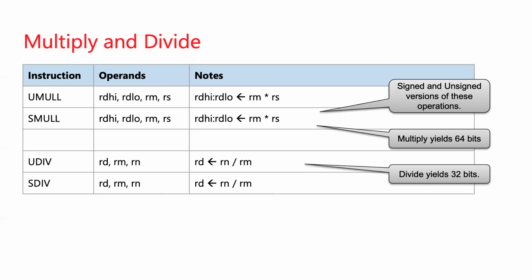So the result has to go in a register pair, and you get to pick which pair. The first register is the high order bits of the result. The second one is the low order bits of the result, and then the 2 remaining ones are what get multiplied together. Both the signed and the unsigned have that. There's a signed and an unsigned divide, but those just give you a 32-bit result.